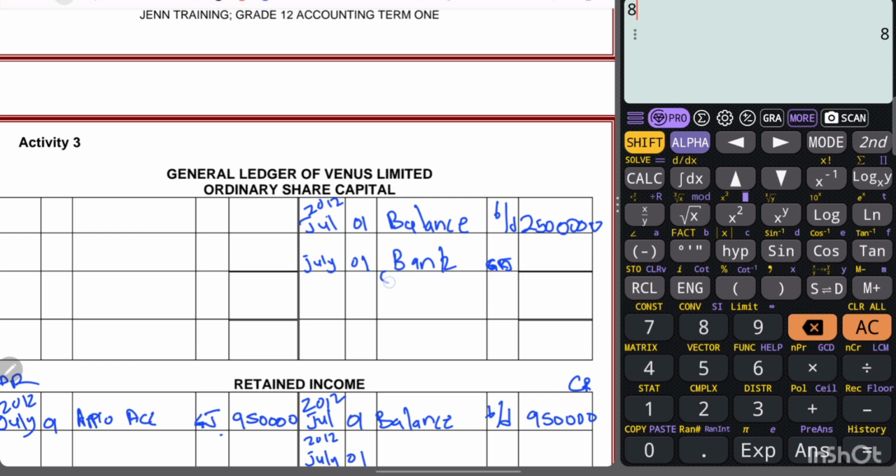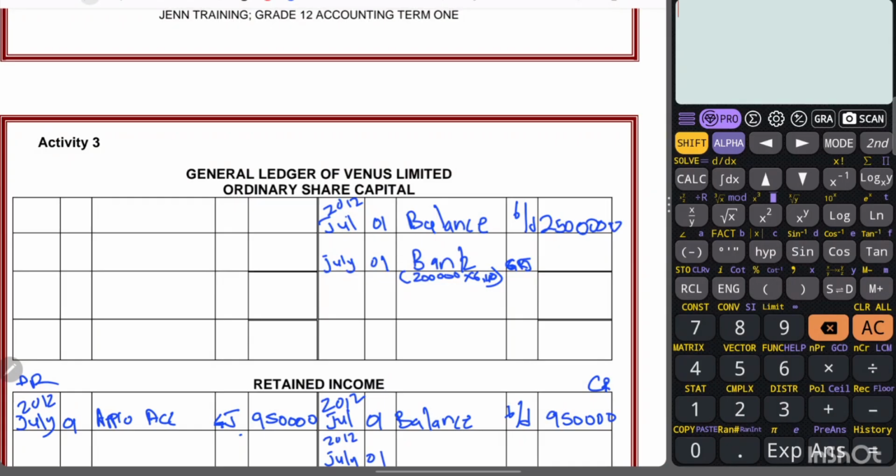We can just put your calculation in brackets. It's going to be 200,000 multiplied by 6 rand 40. Let's do it on our calculator. It's going to be 1,280,000. Okay.